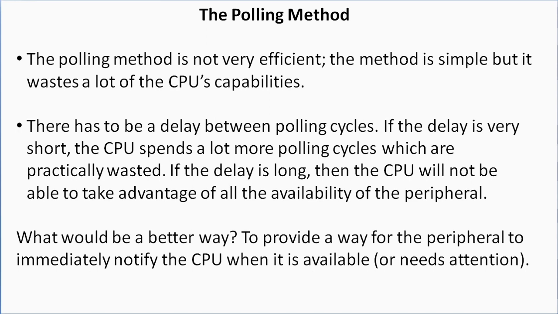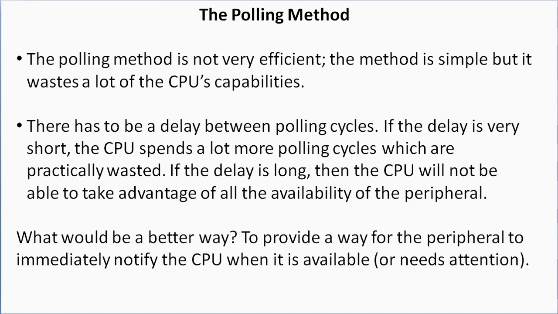For example, say that the delay is 10 seconds, an imaginary number here, and the peripheral becomes available just 2 seconds after the last time it was polled. Then the CPU will not know until at least another 8 seconds, on the next poll, that the peripheral is in fact available. So those 8 seconds would be unnecessary dead time.